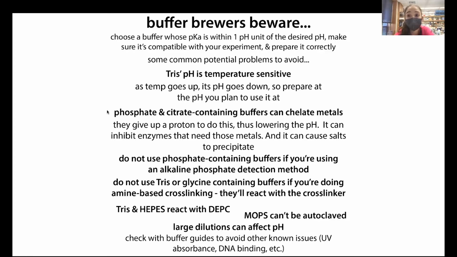In terms of compatibility, there are some common problems to keep in mind. Buffers with phosphate, so think about your PBS, your phosphate buffered saline, sodium phosphate buffers, and citrate containing buffers can chelate metals, so they can basically snatch metals and hold on to them. There are a few problems with this.